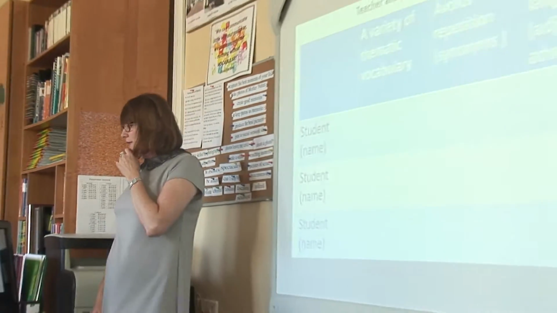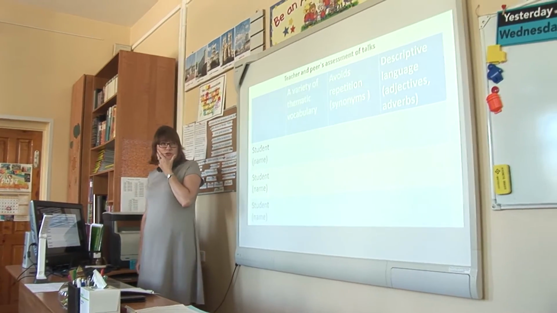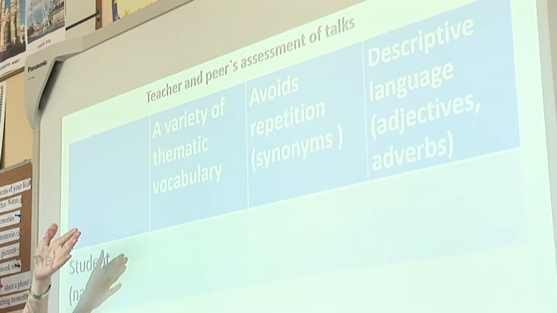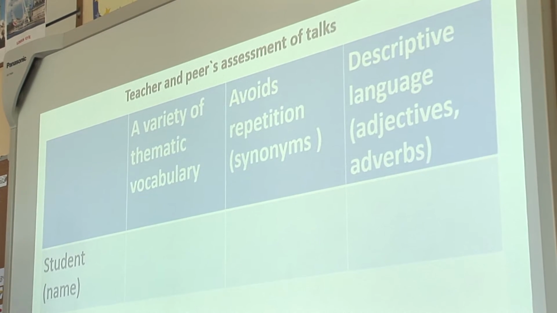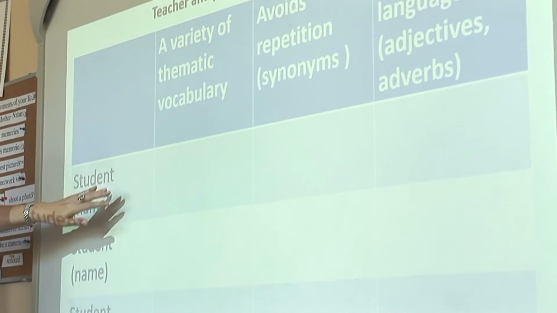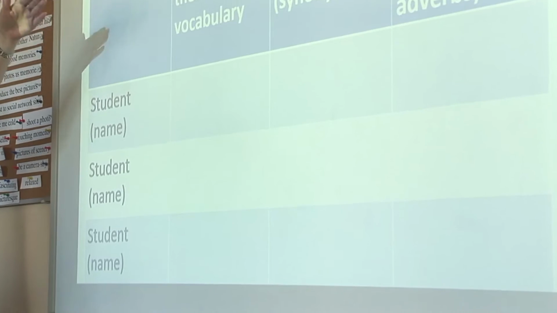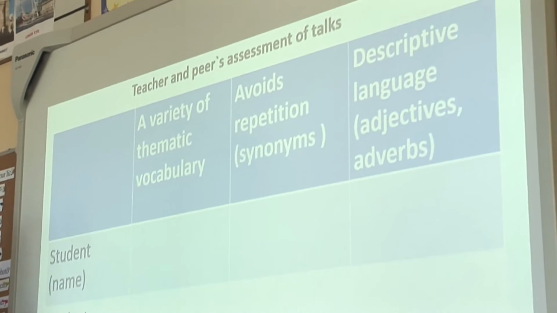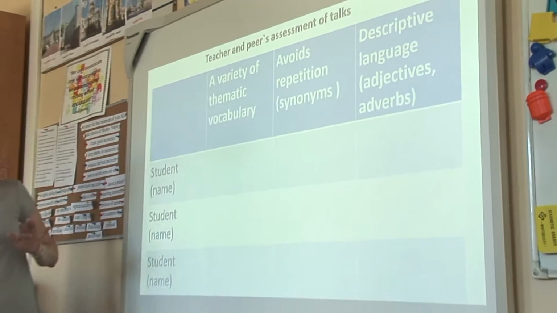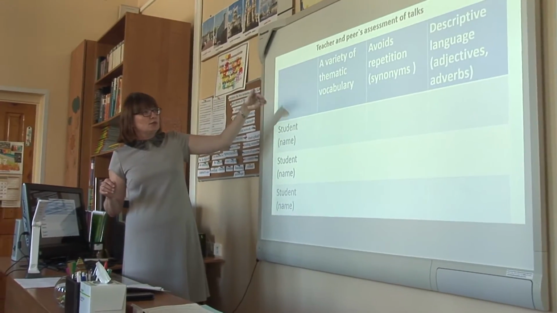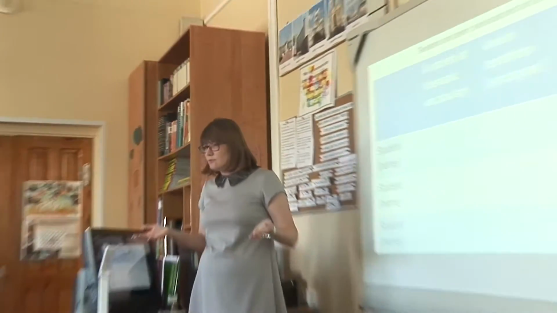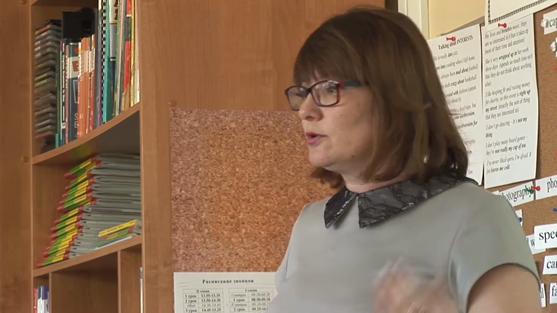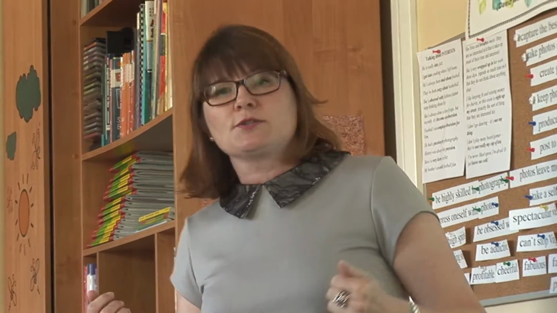Have a look at the checklist to assess discussions and talks. Actually you can put any criterion you need. So here, for example, I assess students. Here are their names, for example, Alexei, and I use any marks I find useful to write about the variety of thematic vocabulary, whether he or she avoids repetition, whether he uses synonyms, and descriptive language, adjectives and adverbs.